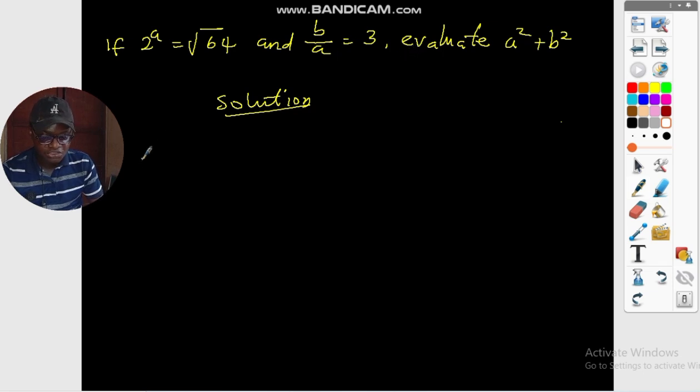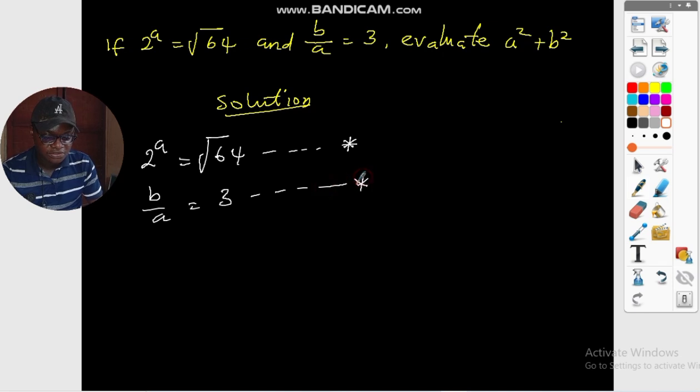So let's start with the first one. We have that 2 raised to the power a is equal to root 64. Let's call this the first equation. The second one we have is b over a is equal to 3. Let's call this the second equation. I'm just using asterisks instead of numbers, so it's fine, you can do that too.